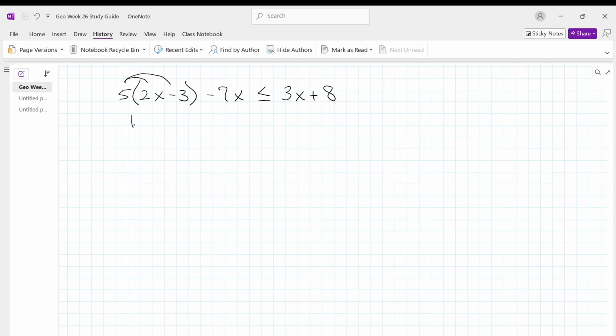So we get 10x minus 15 minus 7x less than or equal to 3x plus 8. If we combine the 10x and the negative 7x, we get 3x minus 15 is less than or equal to 3x plus 8.